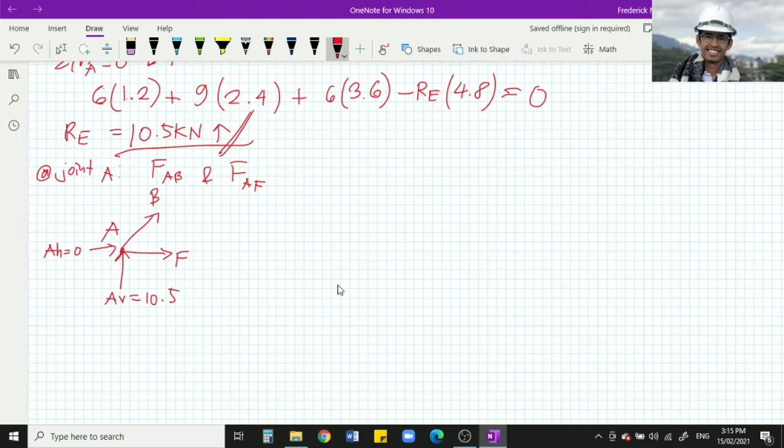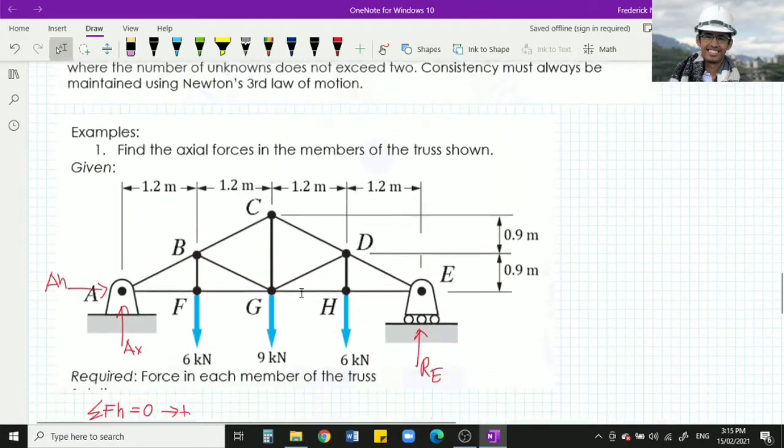So first, for summation of forces vertical is equal to 0, so that will be upward positive. So that will be yung A vertical natin, that is 10.5 plus... meron tayong sa force AB natin, so meron tayong vertical and horizontal components nito. So ano yung slope niyan?